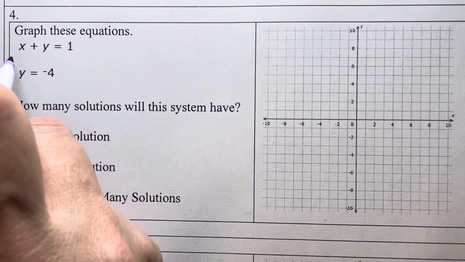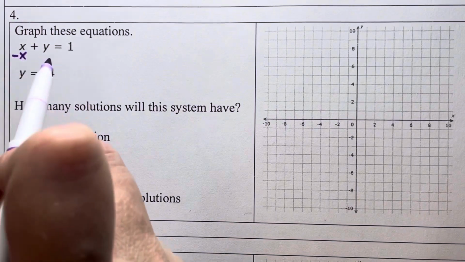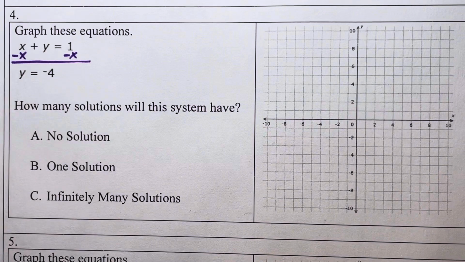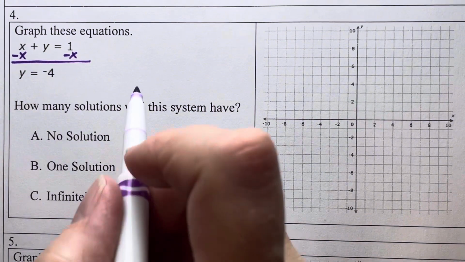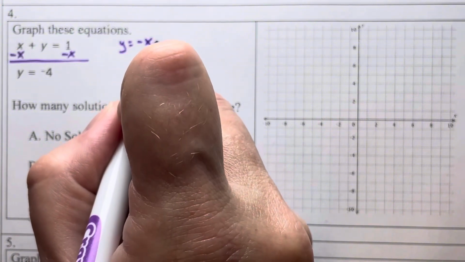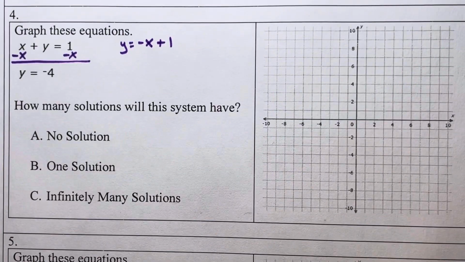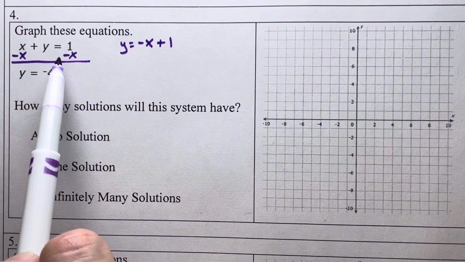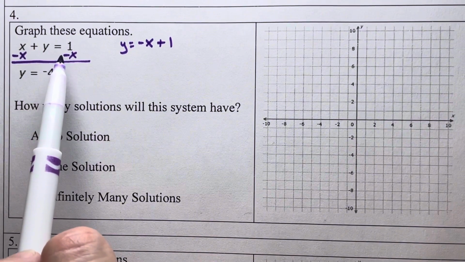Or you can solve this equation for y equals mx plus b, and then use your y-intercept and your slope. That's the method that I am going to use as I subtract x on both sides of the equation, causing as a result there to be y equals -x plus 1 as our equation to work with. So if you used both the x and the y-intercepts method, you would end up with the exact same line that we will here.